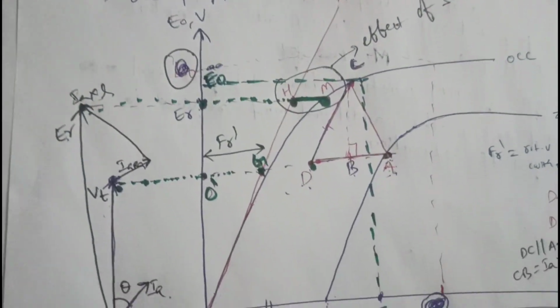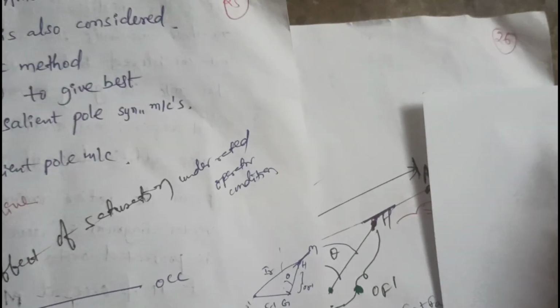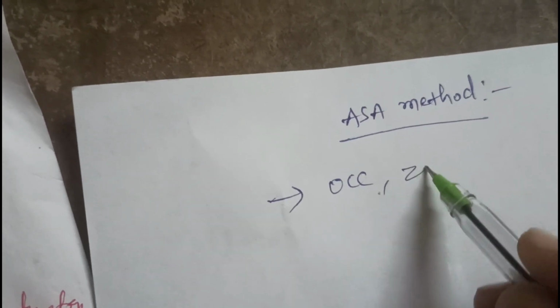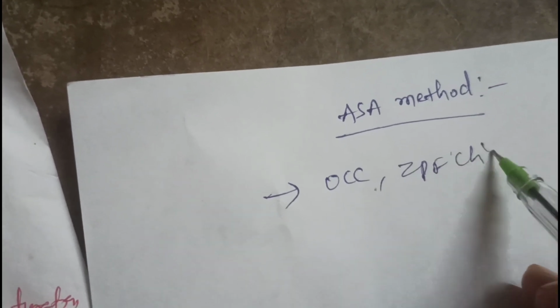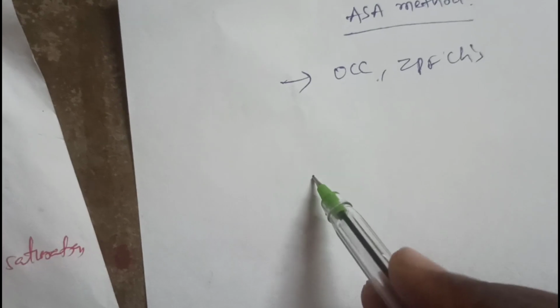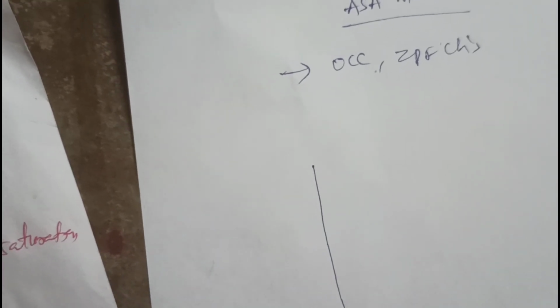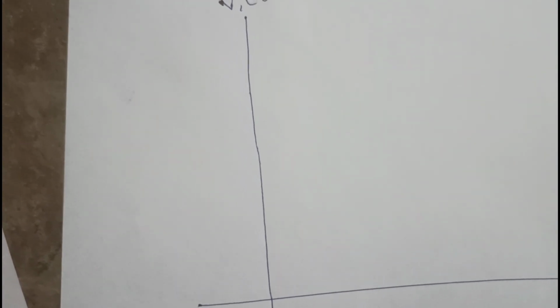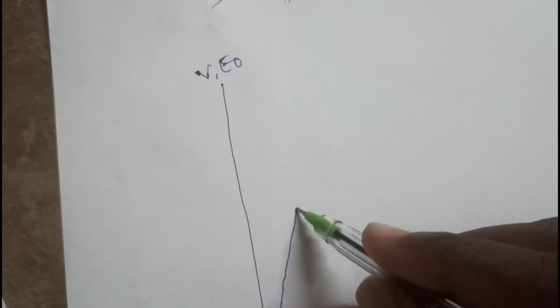In the ASA method we want two characteristics, OCC and ZPF. The y-axis indicates the voltage, the EMF, and the x-axis indicates the field current. First, from the excitation we draw the OCC characteristics.